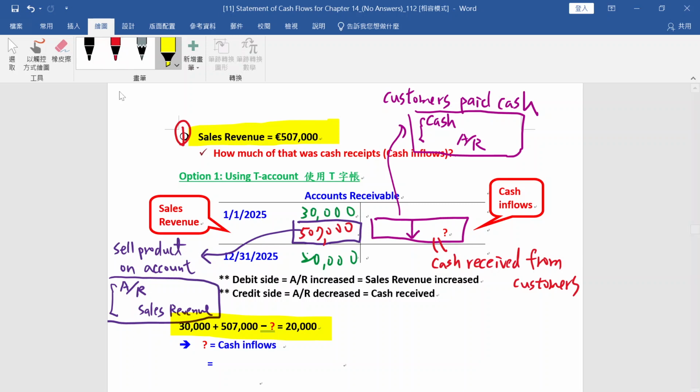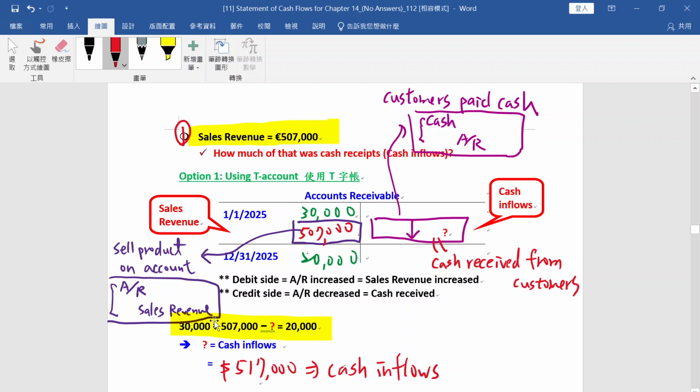So the answer will be $517,000. This is your cash inflows, so it means the cash you got from customers. Okay? If you understand the logic, we use the logic for each item. No problem? So let's look at the second one.